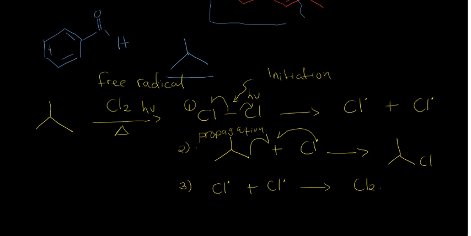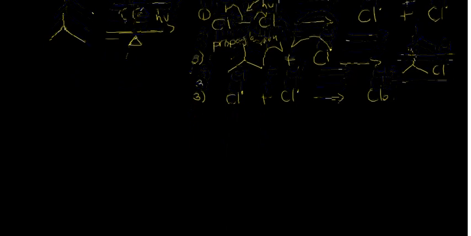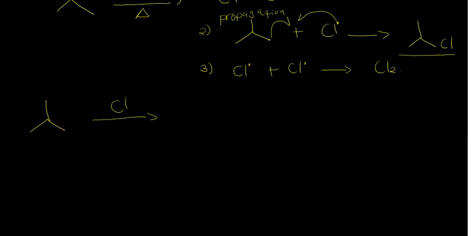It's an endothermic reaction. Once you form this, as we are only interested in this, this will be our product. Once we react this one with chlorine in heat and light, it will form this.